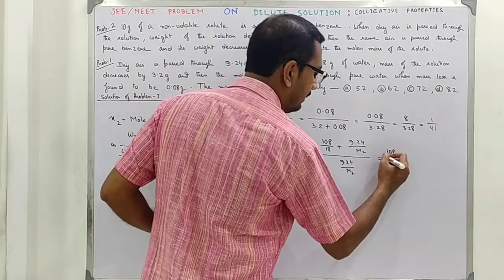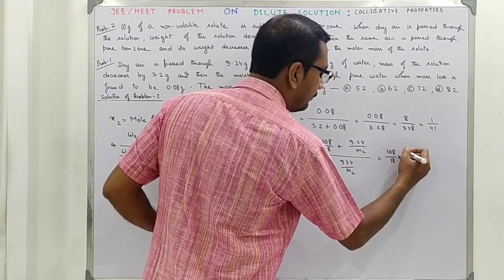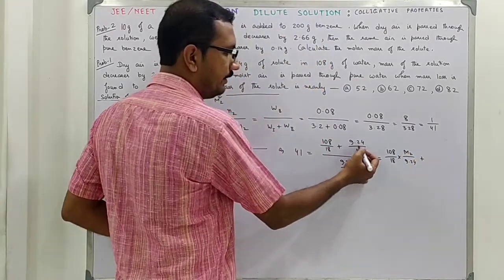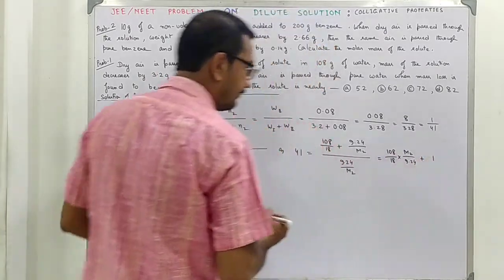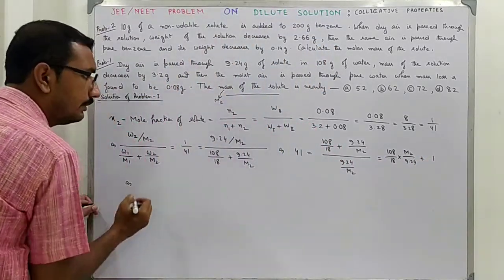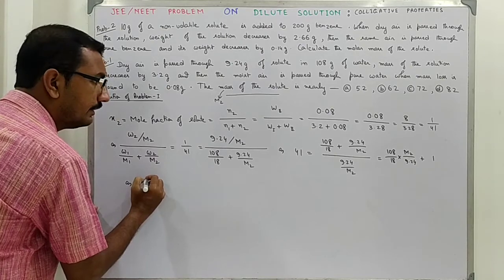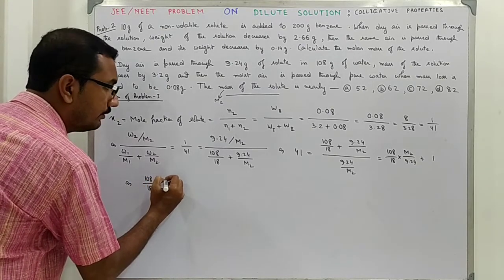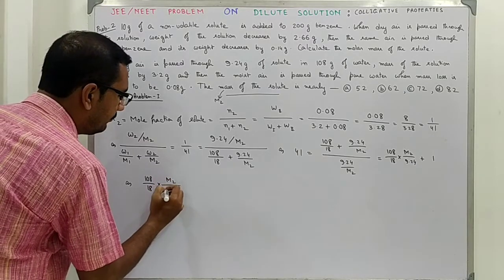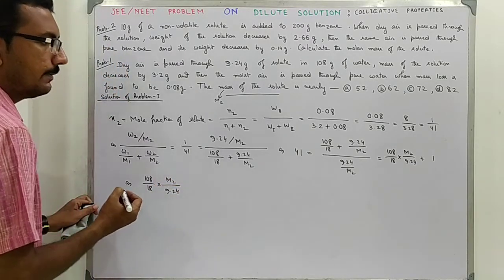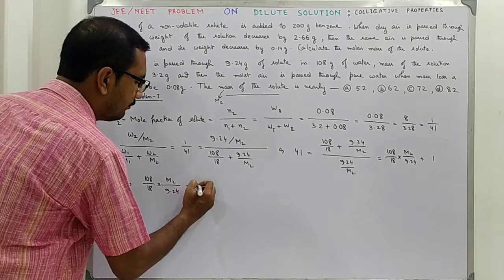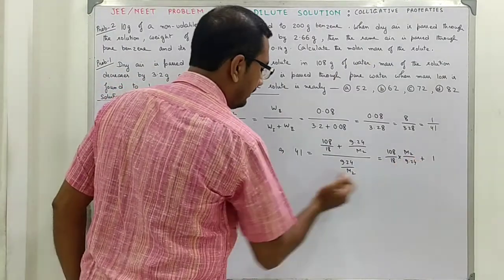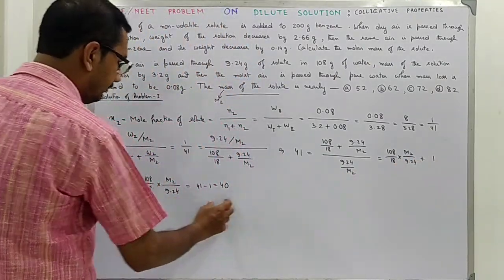So it will be 108 upon 18 into M2 upon 9.24 plus this one by this one, it will be 1, or it will be 108 upon 18 into M2 by 9.24 equals 41 minus 1 equals 40. We take this 1 to the left hand side, so this expression will have the value 40.